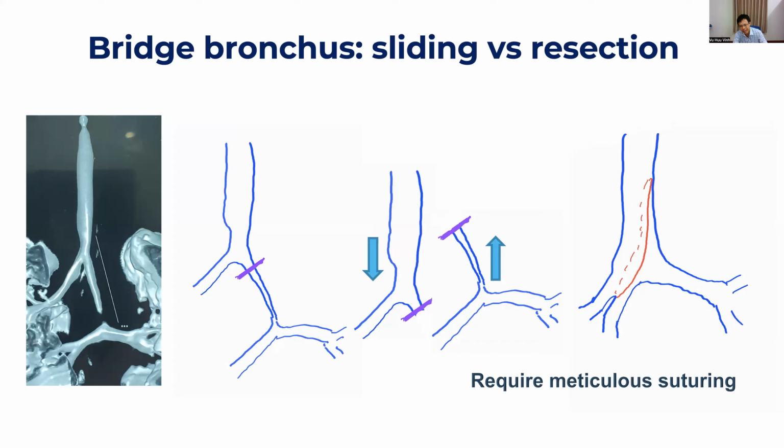So our technique here also applies sliding, but a little modified from the tracheal sliding. This is very complicated. We make the knot in front, and anterior and posterior, we make outside vertical incisions and sliding. So you can see in the red color after that. My English is not enough to explain that, but you can imagine from my drawing.